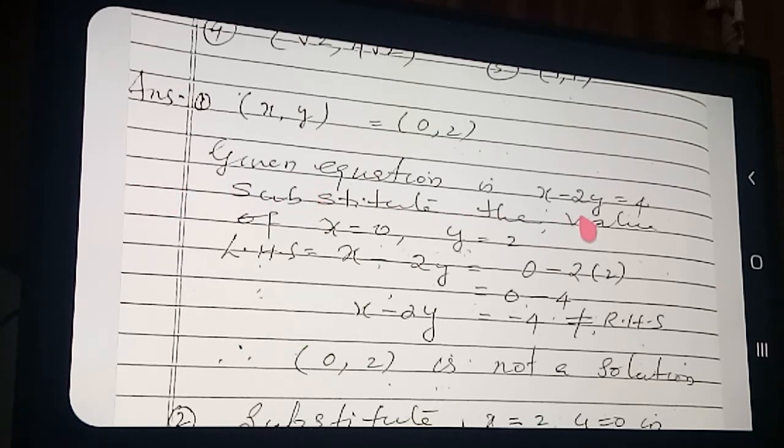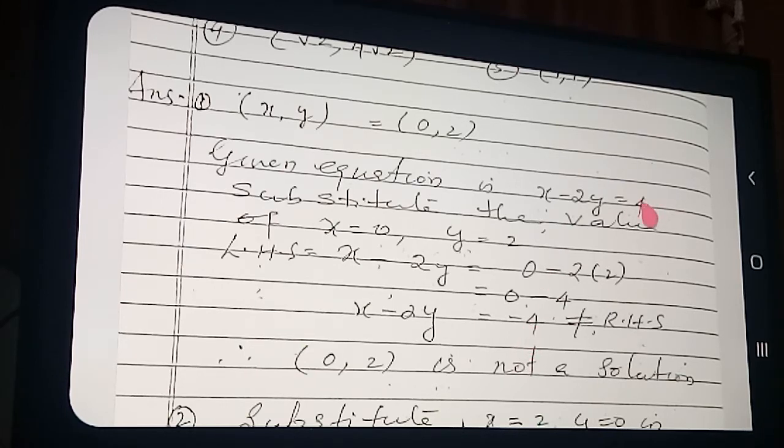Substitute the value of x and y. x is how much? 0. And y value is 2. Substitute here. I taken LHS first. In this LHS you apply 0, and in the place of y you apply the value 2 into 2. How much coming? 4. So 0 minus 4. 0 minus 4, what are you getting? Minus 4.